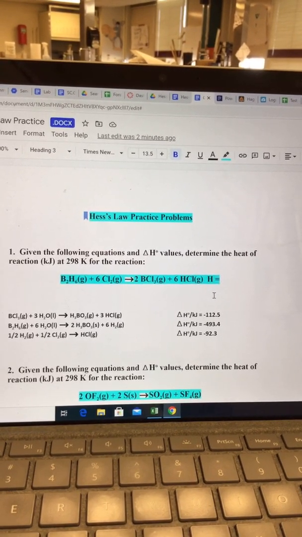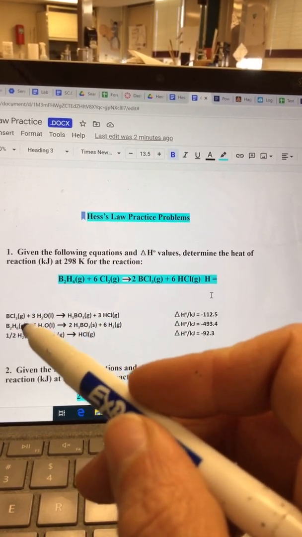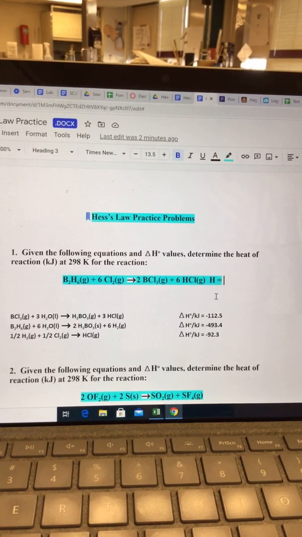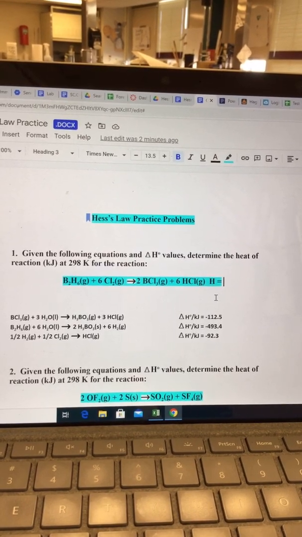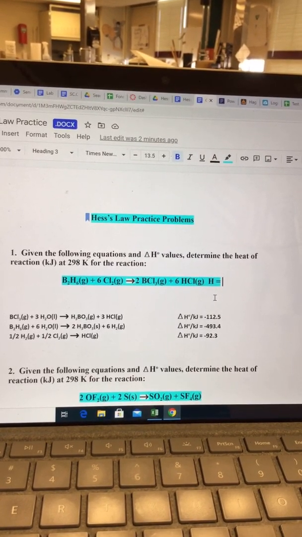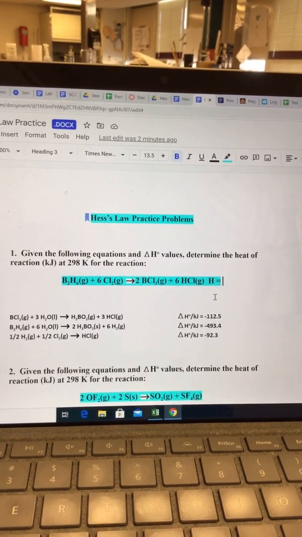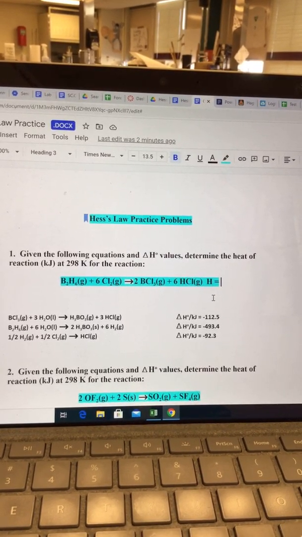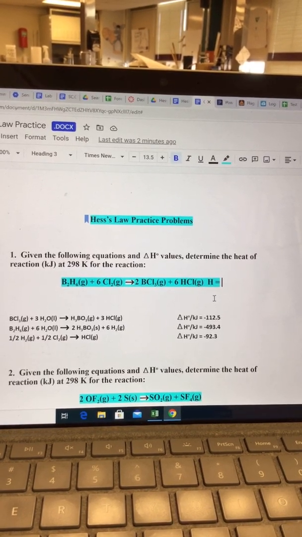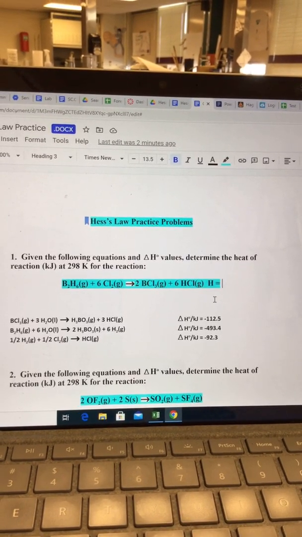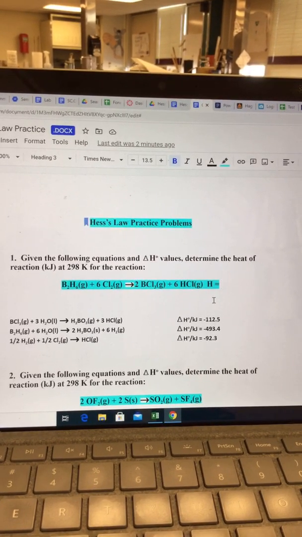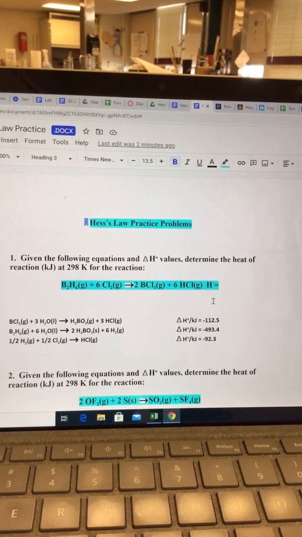As I write it on my whiteboard, you are welcome to leave out the little G for gas, L for liquid. That's just extra info. You don't really have to write it out. Okay? It gives me 2 H3BO3s plus 6 H2s. As I write this out, I'm going to write down my enthalpy. I always have to note if there's any changes to the enthalpy value.